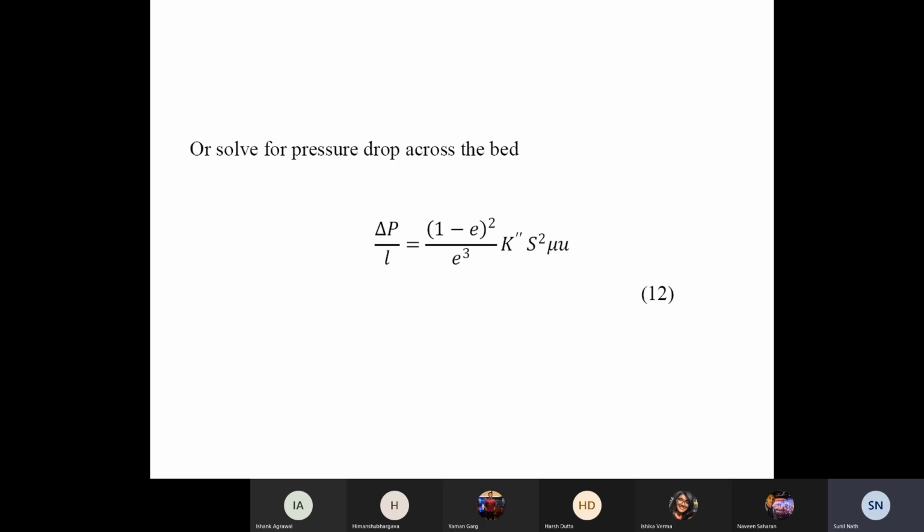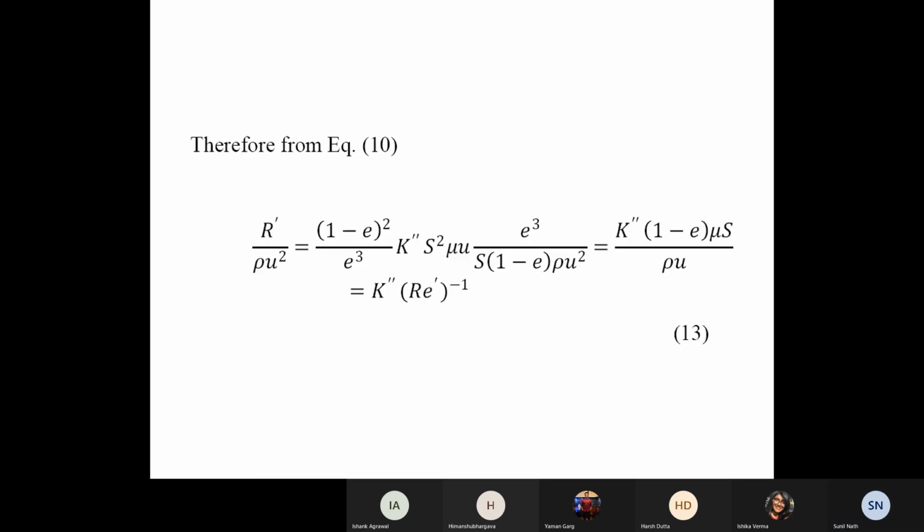So now I want to write the equation for R prime upon rho U1 squared, going back to equation 10.